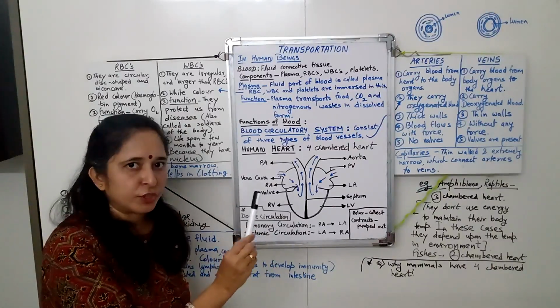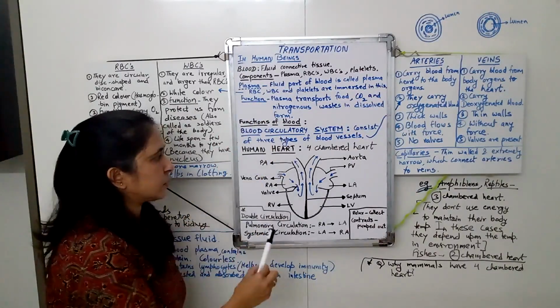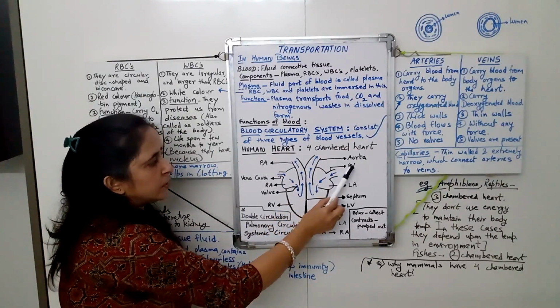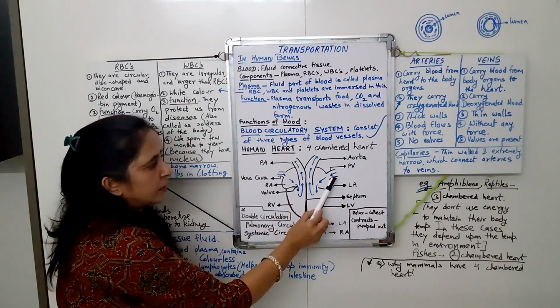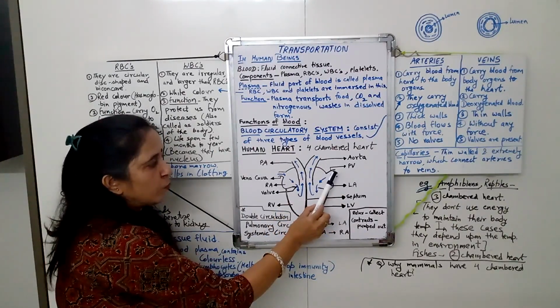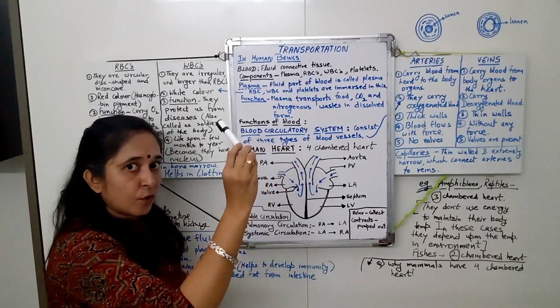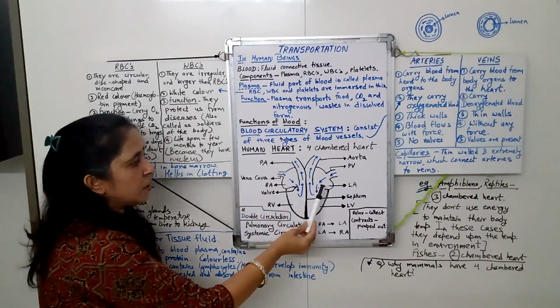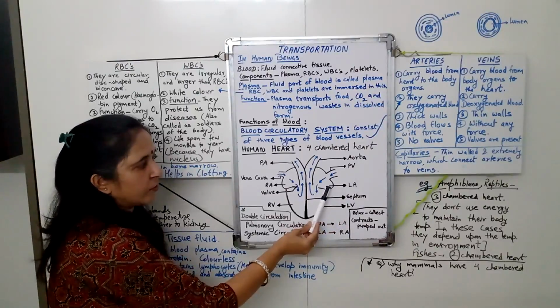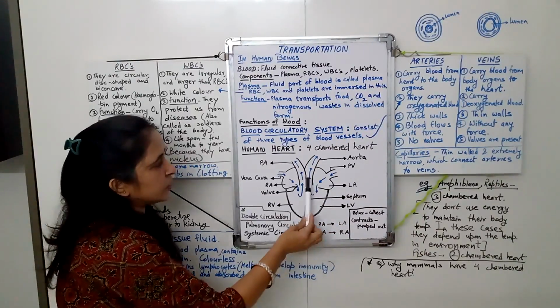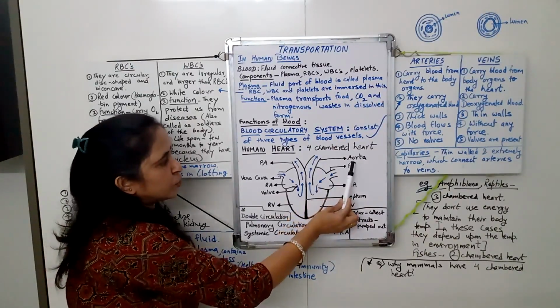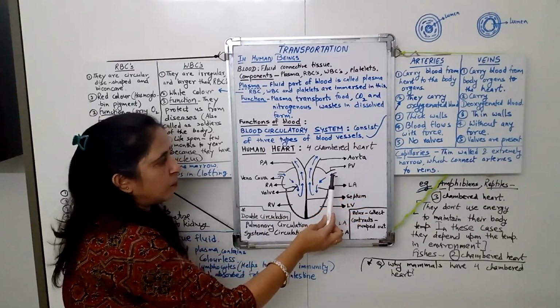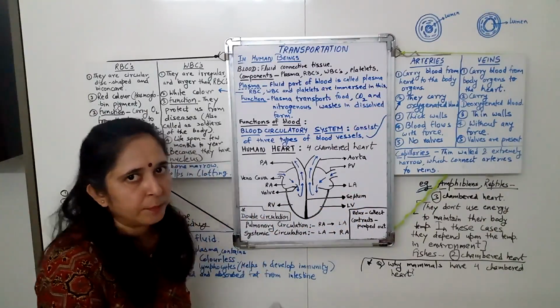The artery which takes the blood to the lungs. Now here this one is the pulmonary vein. This one means the vein which carries the blood from the lungs back to the heart, to the left atrium. Right? And this one is called aorta. The function of aorta, it will take the blood to all body parts.